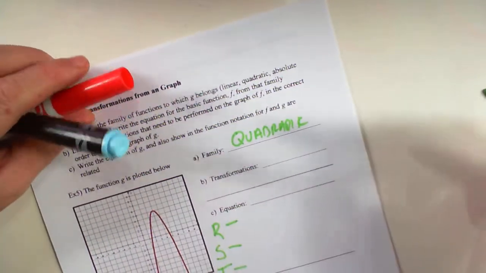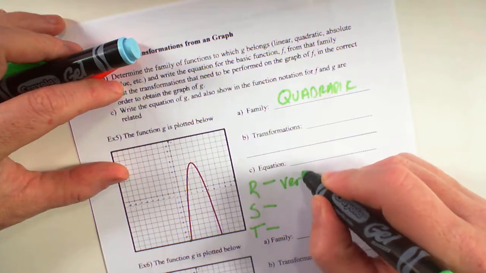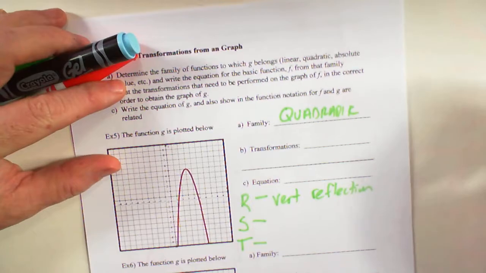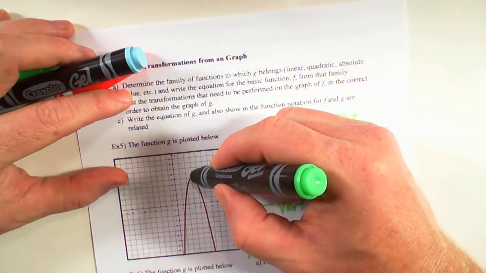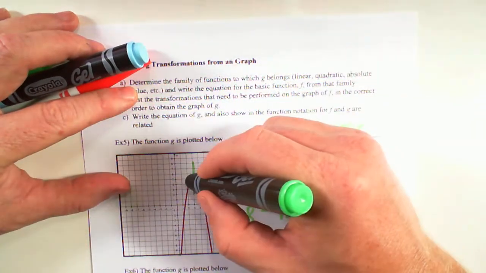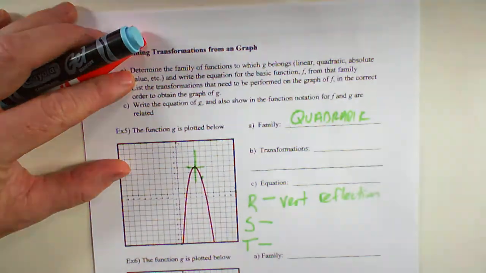So first, do we have a reflection? Yes, it's opening down instead of up, so that's going to be a vertical reflection. Now we look at the point, right? We start at the 0, 0 point, so that's where the 0, 0 would be. And if I go over 1, I go down 2.